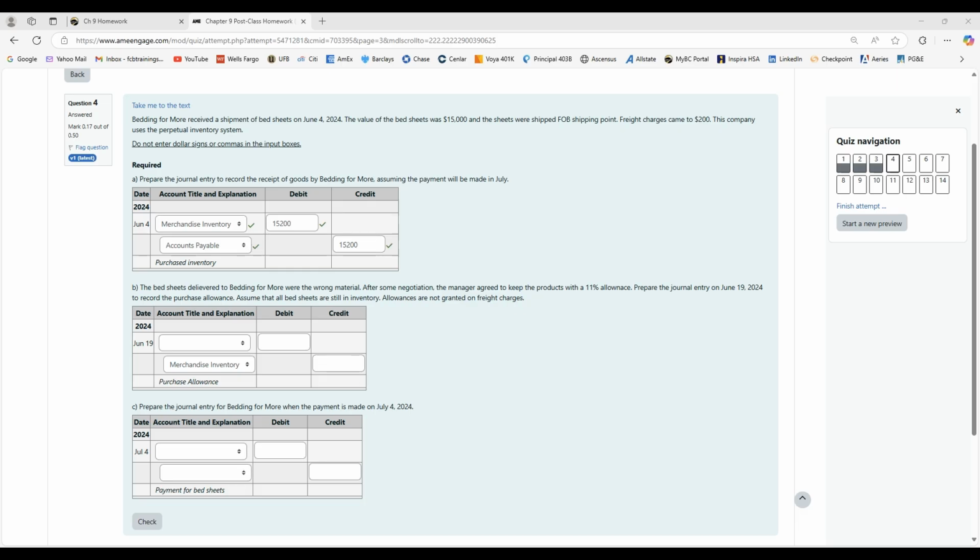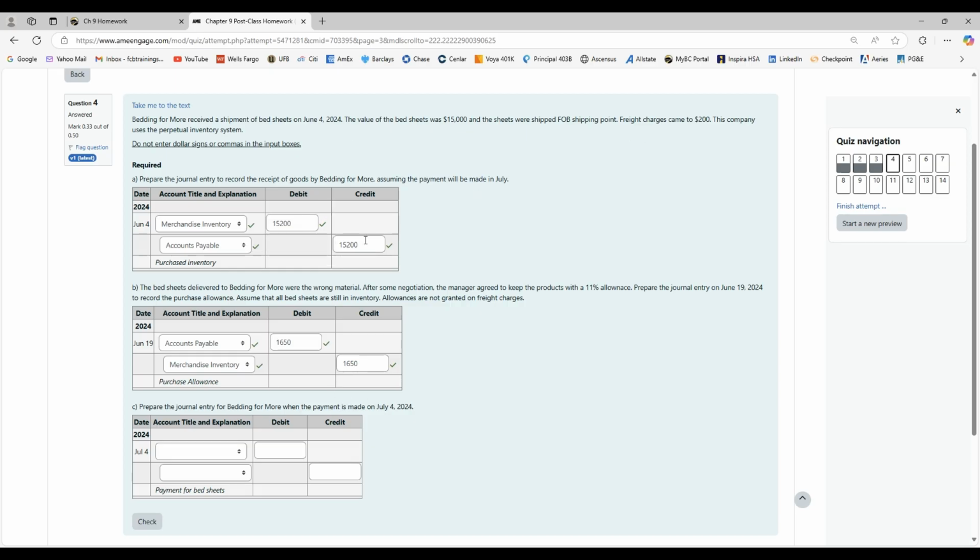So we're looking at 5,200. And really, here it does say that we're not granting the allowance on the freight charges, basically. So 1,650. And I got that number by taking 11% of the amount, just the 15,000 piece, right?